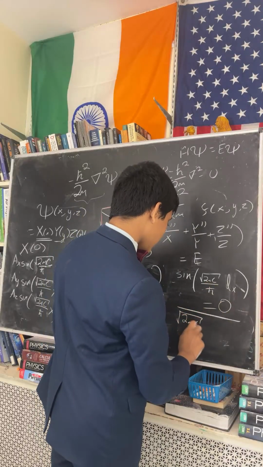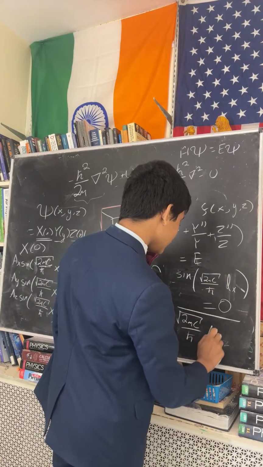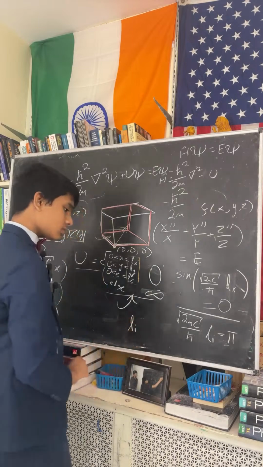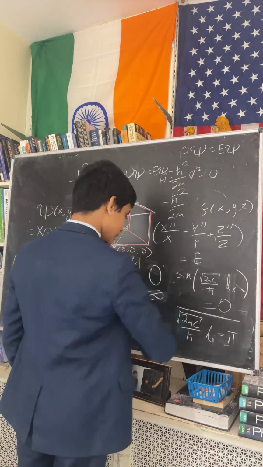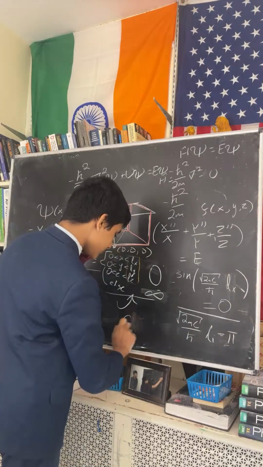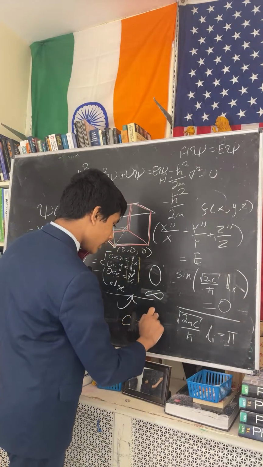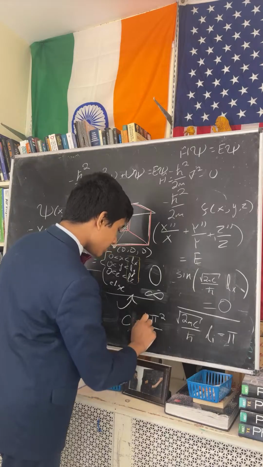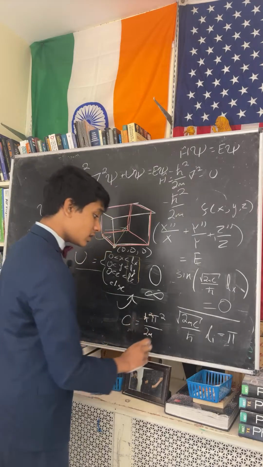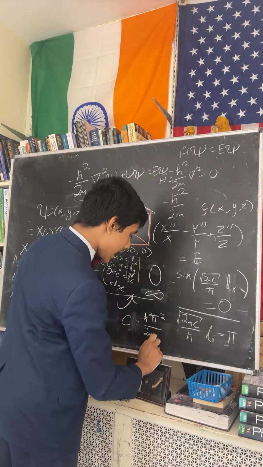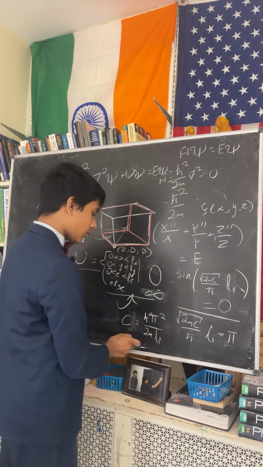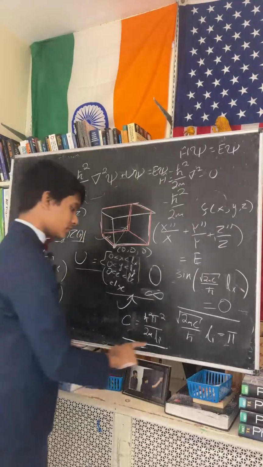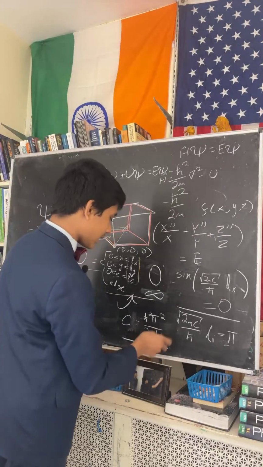So the square root of 2mc over h bar times Li is equal to pi. And so that tells us Li, or you can go this way, c is equal to h bar squared pi squared over 2m Li squared. This is what we have. And of course, that also gives you the implication that Lx is equal to Ly is equal to Lz.